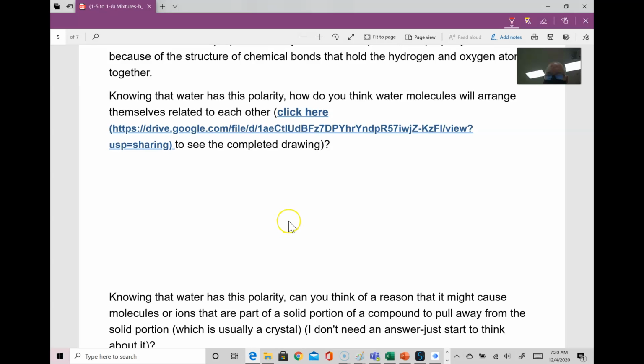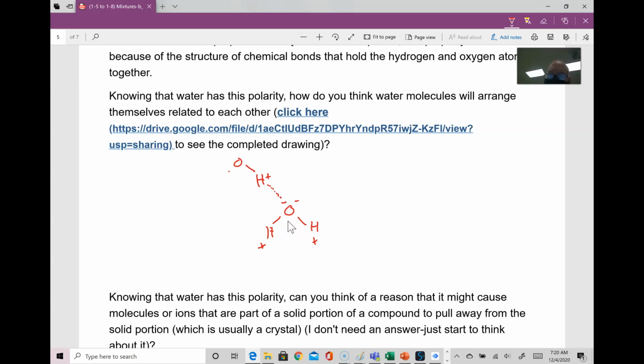Knowing that the water has this polarity, how do you think the water molecules will arrange themselves related to each other? And we've shown this diagram before as well. If I have a water molecule here in the center, and I say that that end's negative and this end is positive, a force of attraction to neighboring water molecules is going to develop.